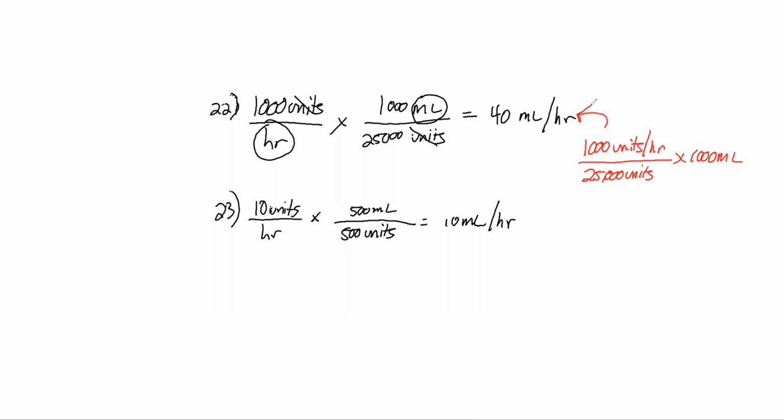And then for this one, it would be the 10 units per hour divided by the 500 units times the 500 ml. And like I said, that will also give us 10 milliliters per hour. It doesn't change the answer. It's just another way to set it up.